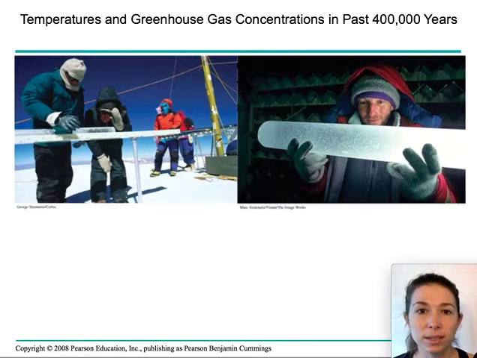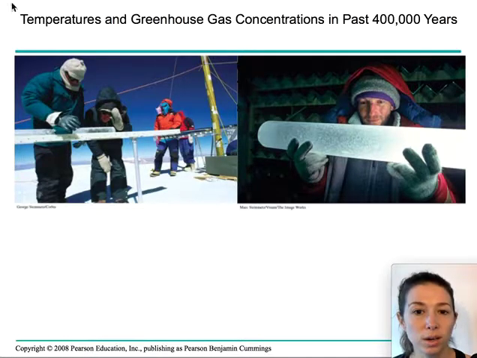So how do we see what the CO2 level in the atmosphere was over the last 1,000 years? We can take cores of ice, and here's a picture of a core that this scientist is holding.